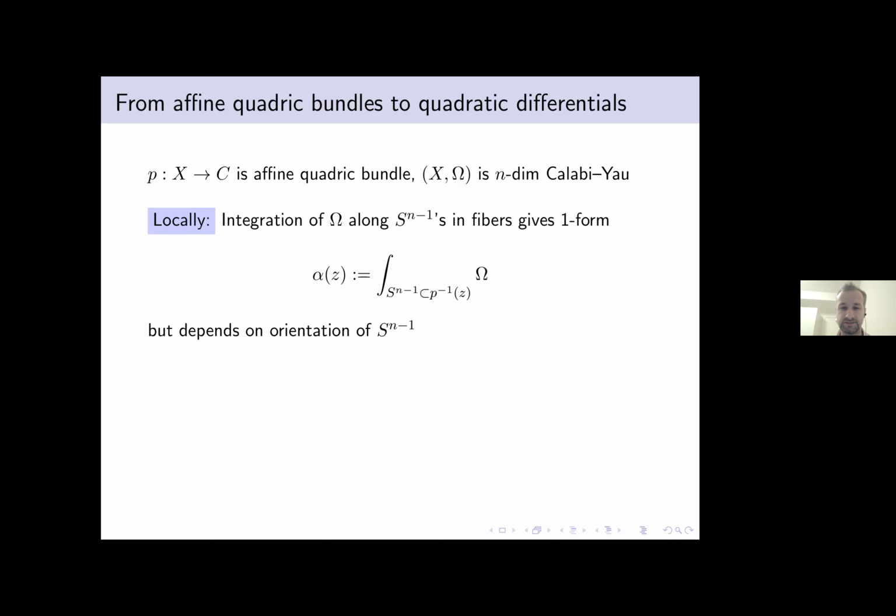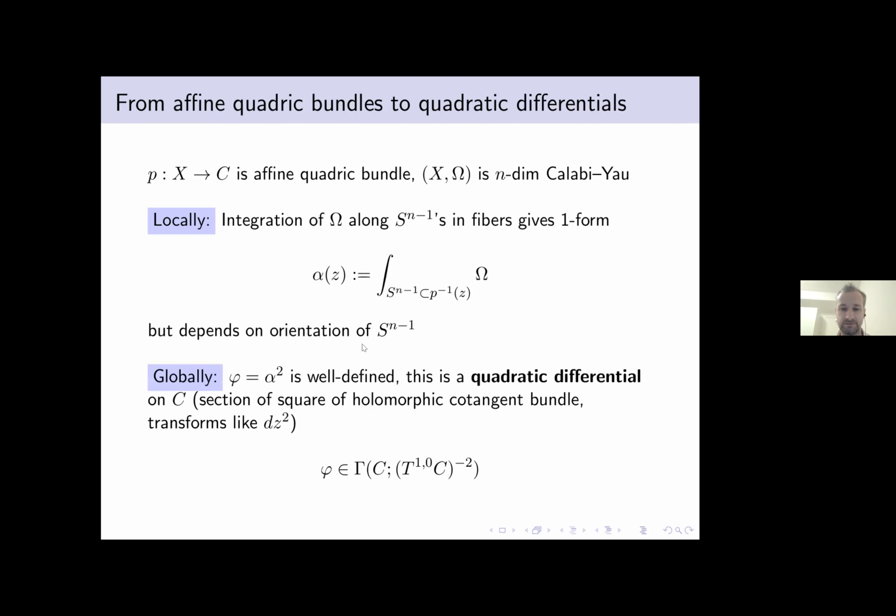We can orient all the spheres in some coherent manner. But globally, if we want to get rid of the sign ambiguity, we can square this one form, and then we get what's called a quadratic differential, which by definition is a section of the square of the holomorphic cotangent bundle. So view the holomorphic cotangent bundle as a holomorphic line bundle, take its square, and its sections are quadratic differentials.